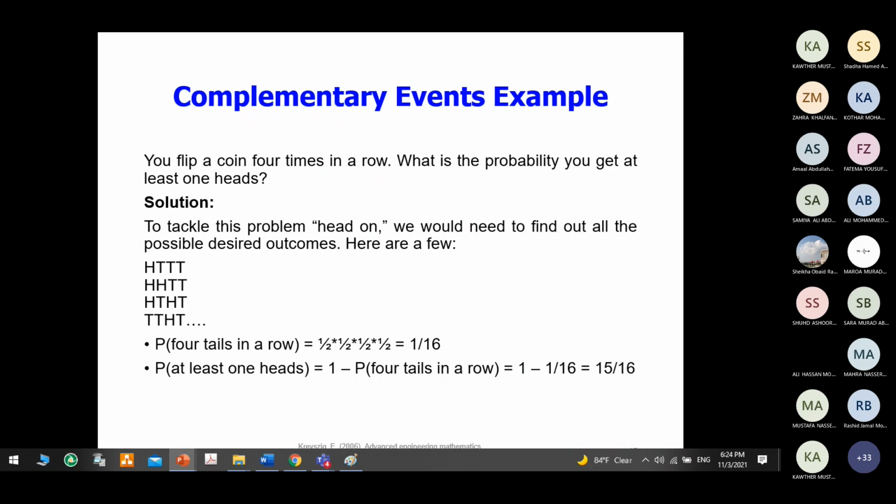If I toss it 4 times, I multiply 1/2 for the first toss, by 1/2 for the second, by 1/2 for the third, by 1/2 for the fourth. If I do the multiplication, it is 1/16. It means when I toss my coin 4 times in series, I expect to get this outcome 1 time out of 16 outputs.